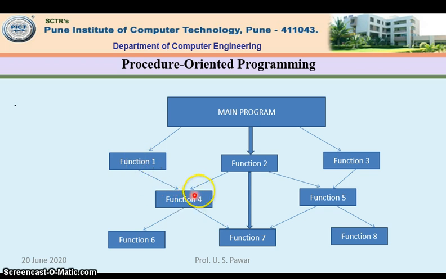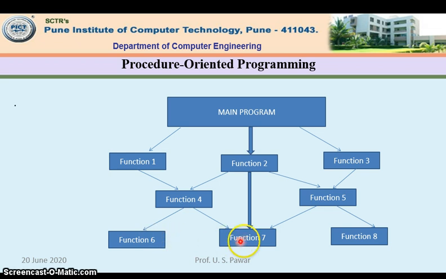So this arrow indicates that there is an interface between function 1 and 4, between function 2 and 4, likewise between functions 2 and 5, and 3 and 5, likewise 7, 8 or 6 also. What it means is that I can call function 1 in function 4, and again I can call function 4 in function 6.